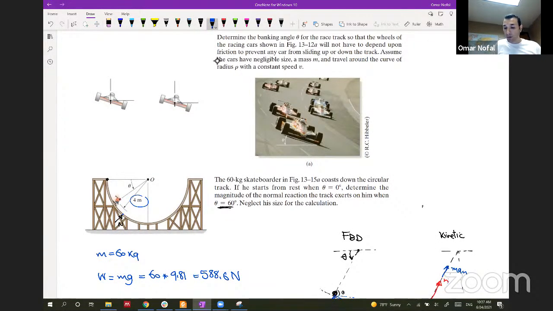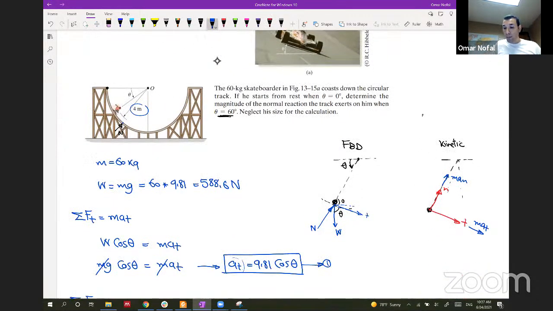When theta is equal to 0, cosine 0 is 1, so the tangential acceleration will be 9.81. But when he comes here, the a tangent will be different, and actually the velocity will be different.